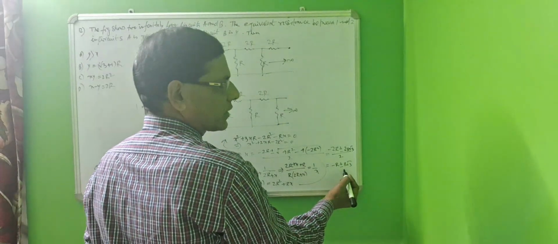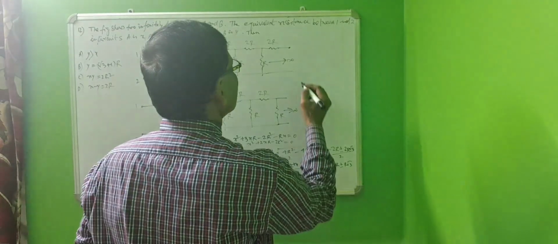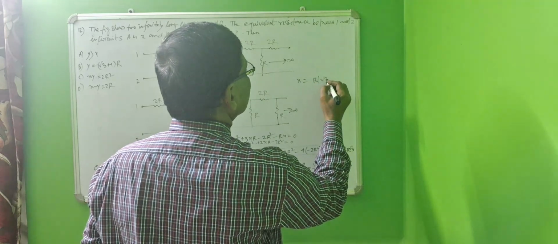If the minus sign is taken, the total resistance will be negative, which is impossible. So X equals R times (root 3 minus 1).